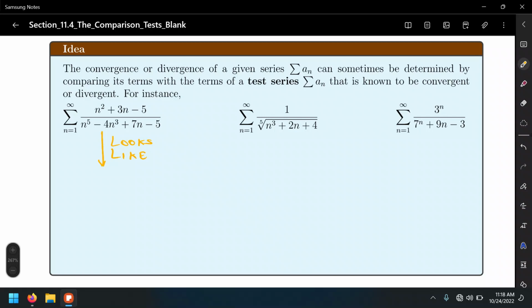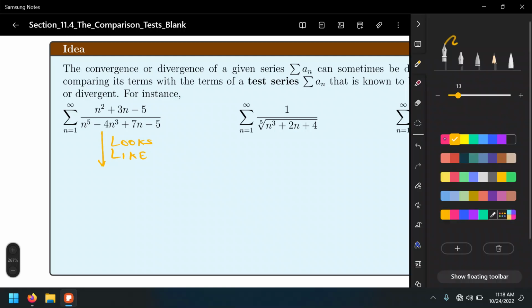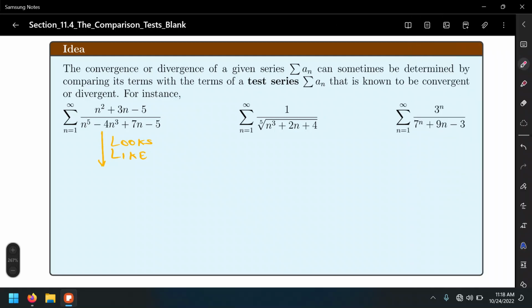So really these 3n minus 5 or this -4n cubed plus 7n minus 5, those terms don't contribute that much to the end behavior of the function the way the leading term does. So in a way, you can think of neglecting all the lower degree terms and focusing only on the highest degree terms.